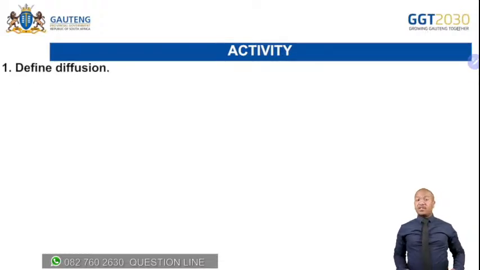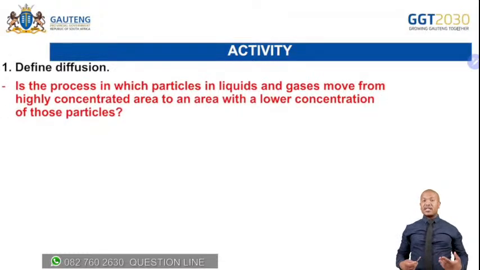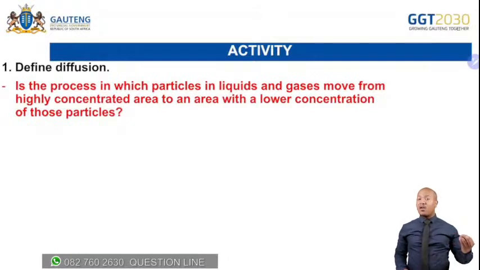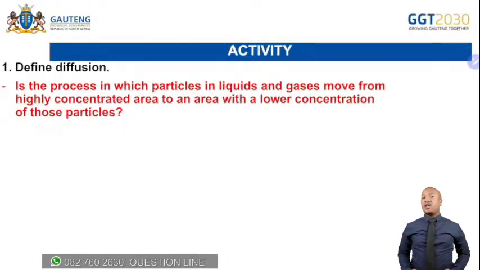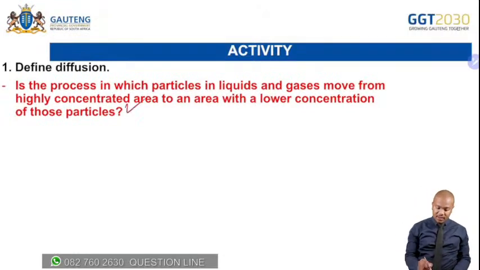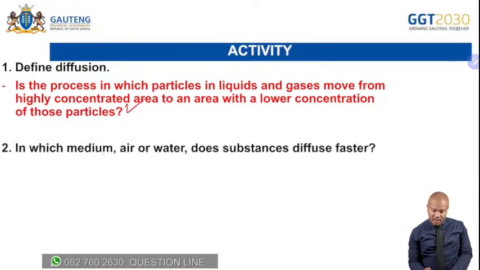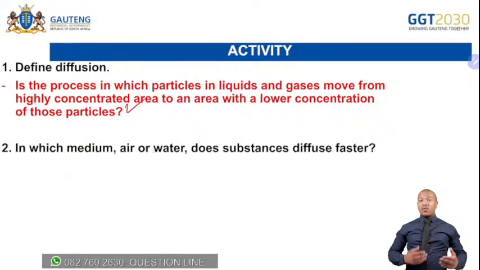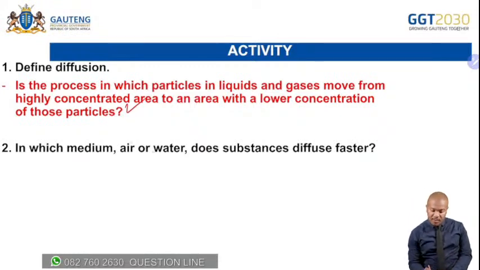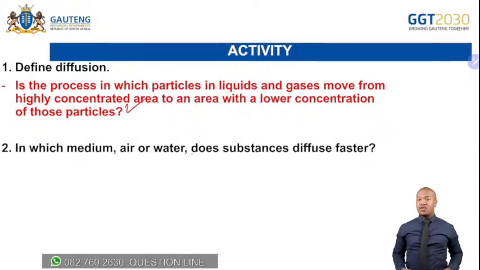Number 1, you had to define diffusion. And we said diffusion is the process in which particles in liquids and gases move from an area of high concentration to an area of low concentration. I hope you got that correct. We also asked in which medium, air or water, do substances diffuse faster, right?